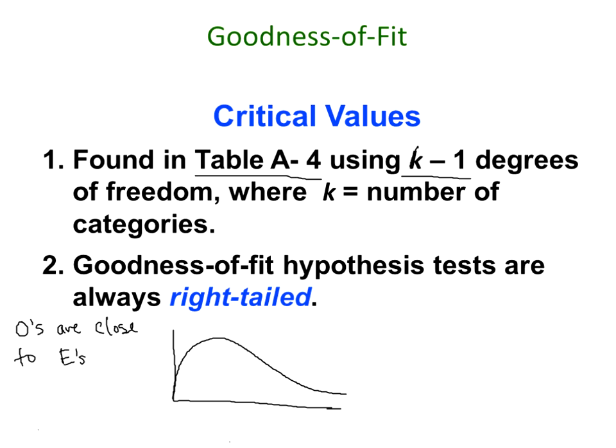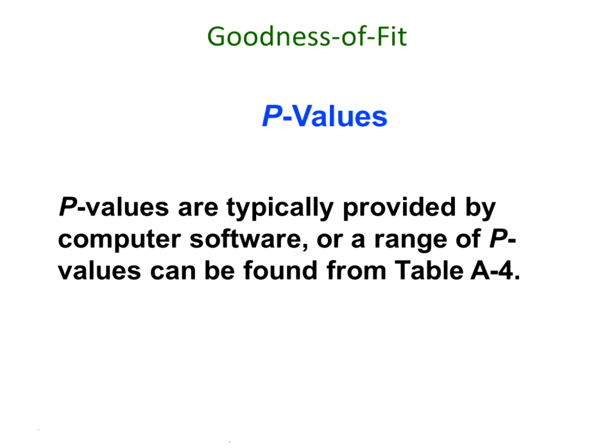All right? Let me go ahead and show you. We have a graphic of that. But a goodness of fit test is always right-tailed. So either the observed are close to the expected frequencies or they're not. So they either fall in the shaded region or they don't.